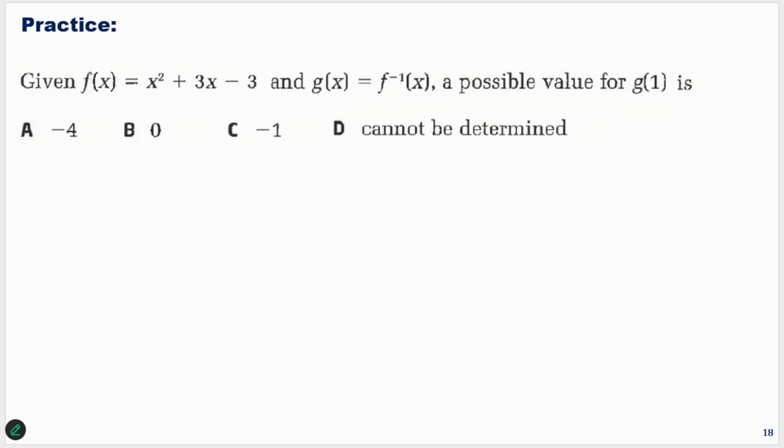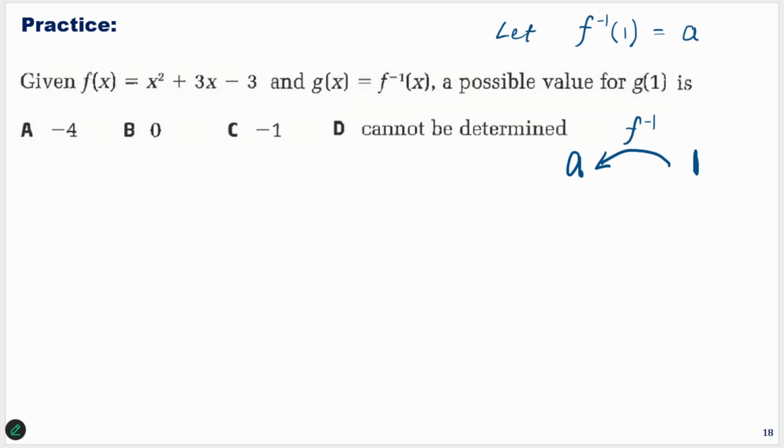So g(1) is actually, if you want to find g(1), you're actually trying to find f inverse of 1, right? So suppose we let f inverse of 1 equal, we don't know that number, so suppose that number is A, which means the inverse of f maps 1 to A, right?